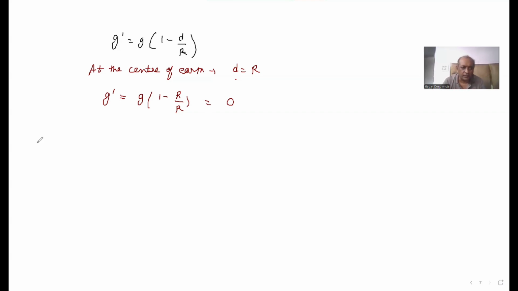Now let's do some more analysis of this formula of depth. As we have written, g dash is equal to g into (1 minus d by R).